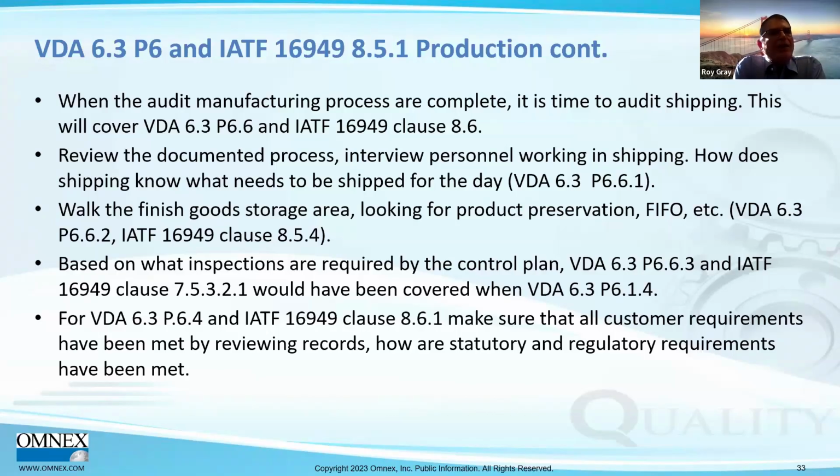We do that by looking to see what inspections are required, what records are available to review, and how long those records are kept. Then VDA 6.3, P6.4, and IATF clause 8.6.1: we want to make sure that our customer requirements have been met. So review the records, looking to see how they are meeting statutory and regulatory requirements.